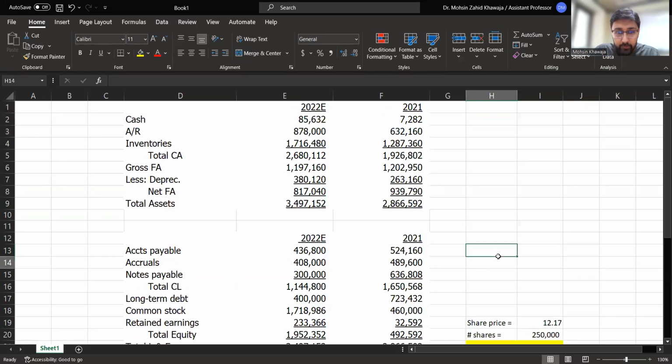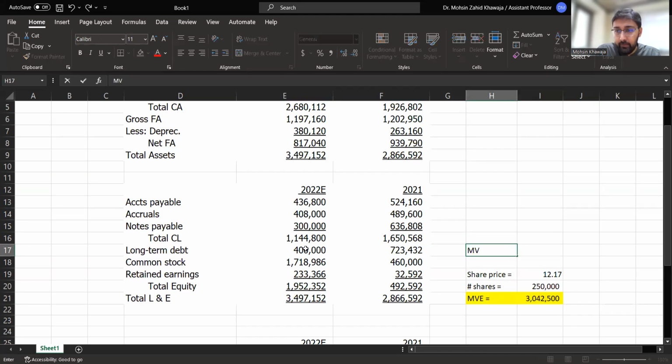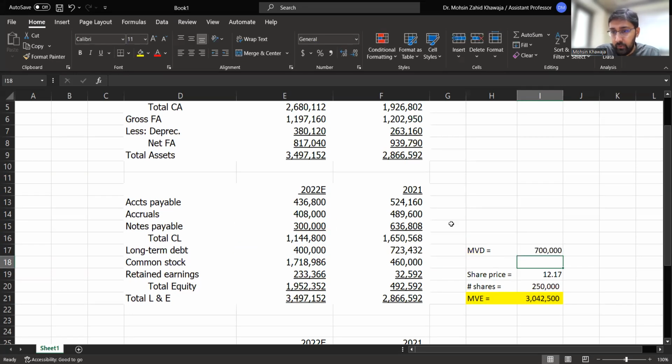How about the market value of debt? We need debt, this part here, long-term debt. So market value of debt would be these two numbers combined, right? There's debt here, the long-term debt, but there's also some short-term debt that this company has taken up. So we add these two, and this number is the market value of debt.